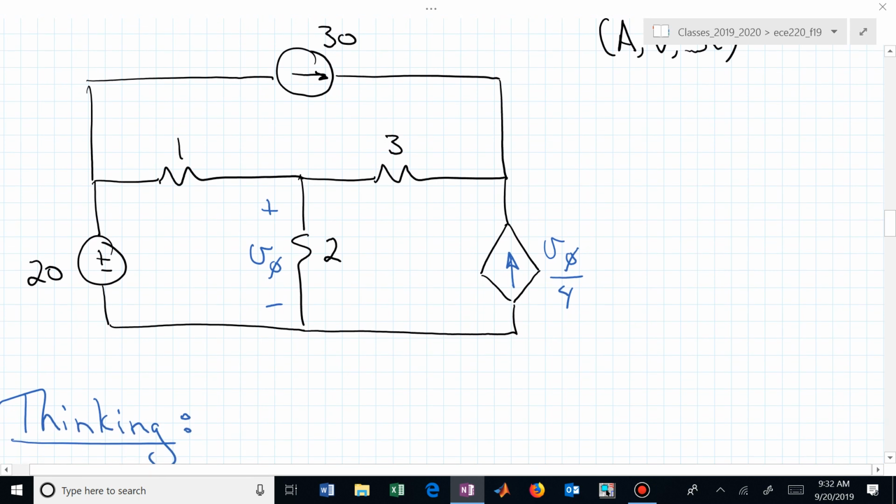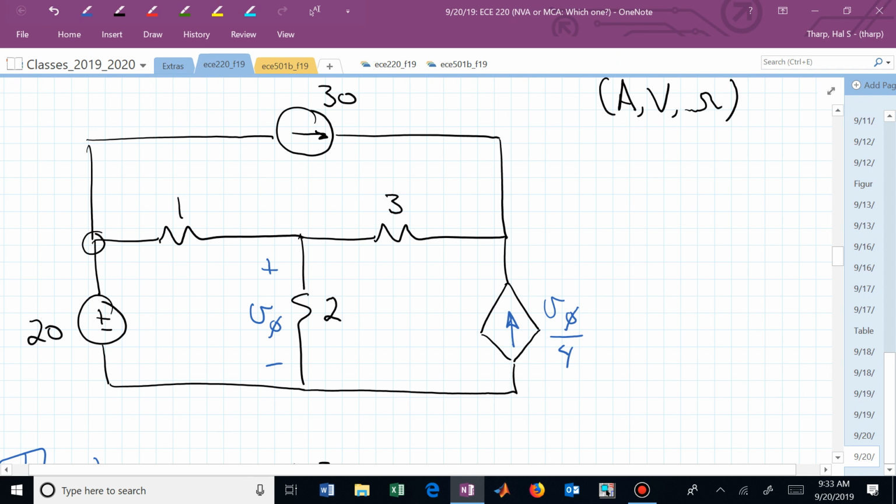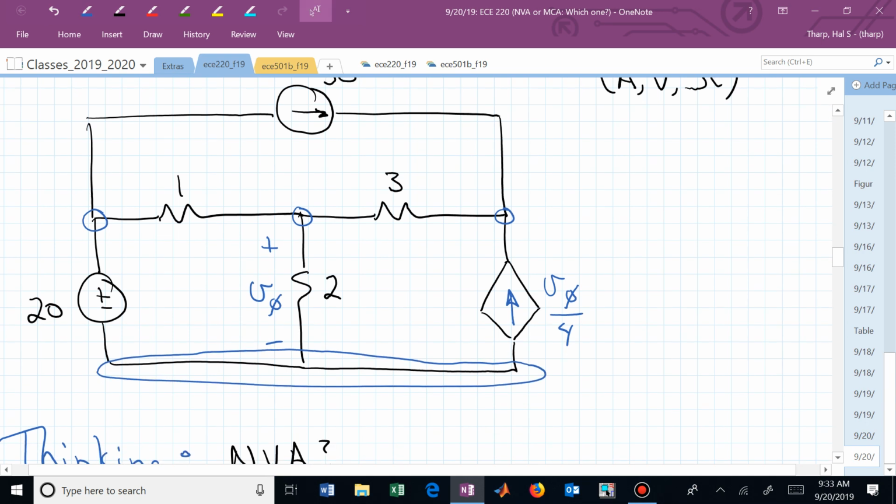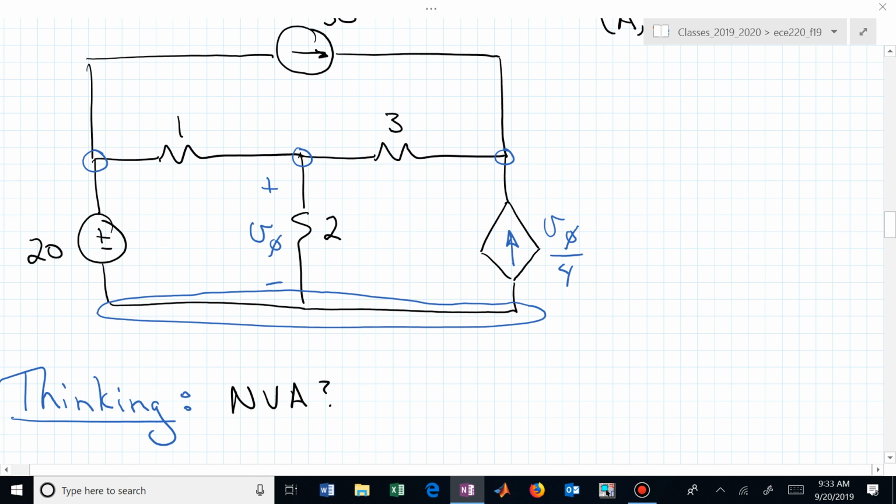What's our thought process? Well, you might say, let me just think about node voltage analysis. If I was applying node voltage analysis, I might quickly say, I need to find my essential nodes. So let me switch colors. Are those the nodes that I would identify?